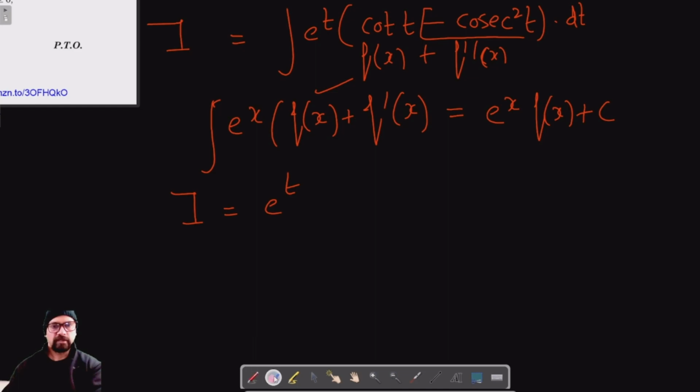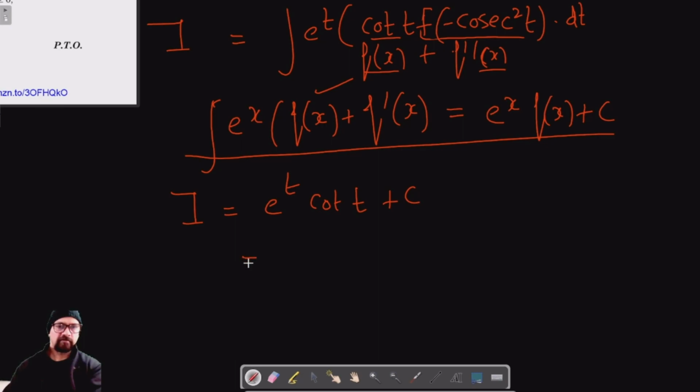So differentiation of cot t is minus cosecant square t. So this is the function and this is its differentiation, and we have used this formula. So this gives me e raised power t into cot t plus c. Now substitute the value of t, which was cot inverse x, and cot t was x.